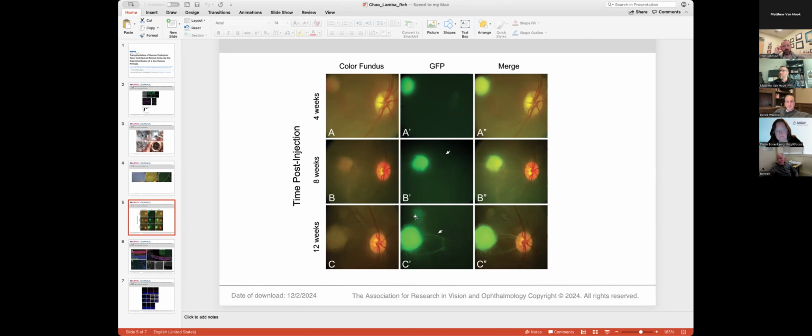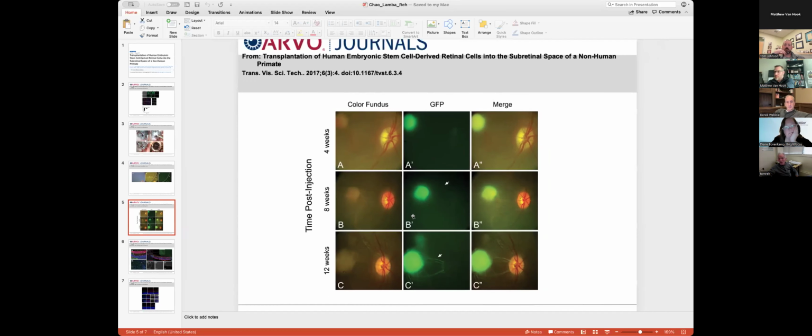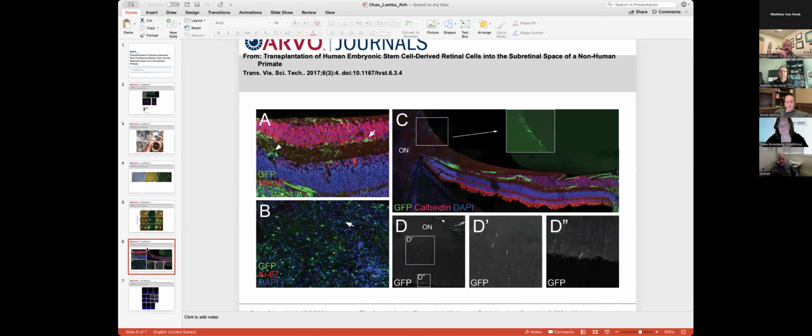But I have to say, when we analyzed this animal later for the histology through retinal sections, you can see axons going all over the place. They were going peripherally as well. Many of them did grow centrally towards the optic nerve head, but many of them grew all over the place. The other really strange thing, you can see here probably best in C, the transplant is out here, and a lot of these axons are not growing through the ganglion cell fiber layer.